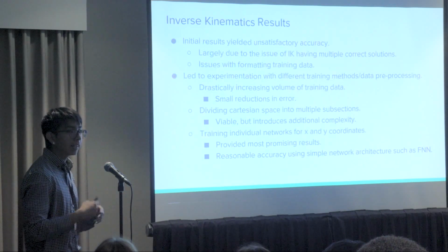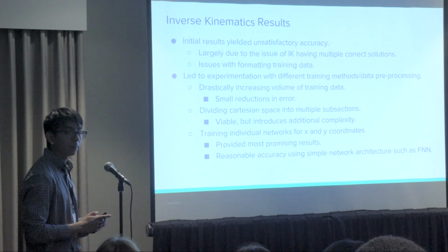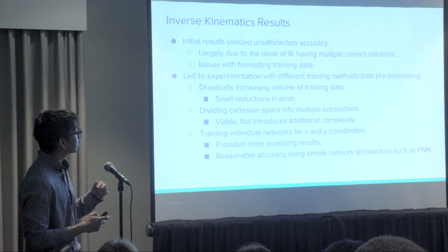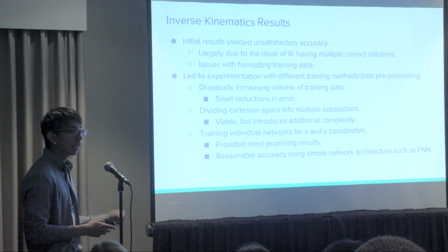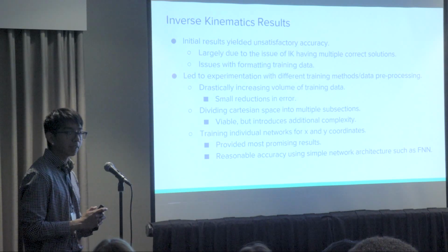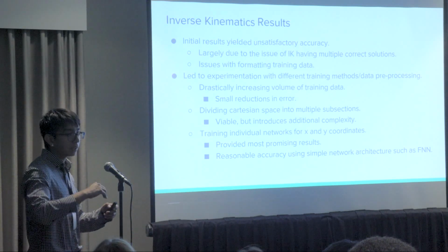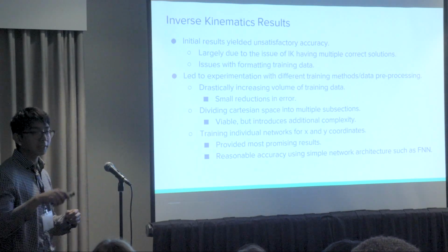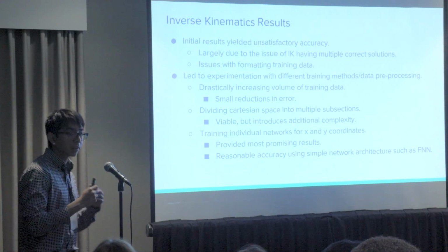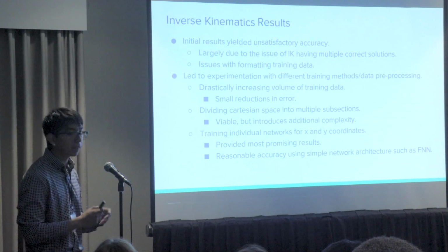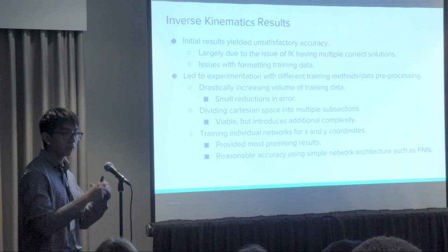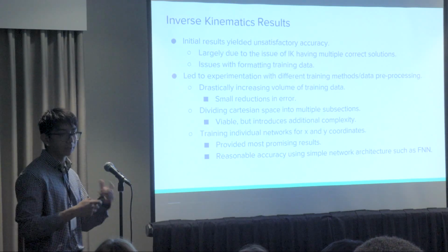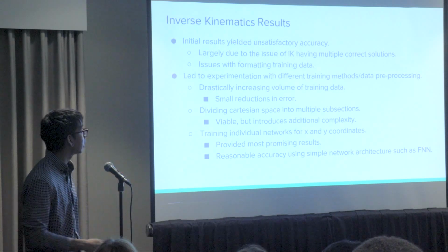Initially we trained a network and put it to the test, and we saw very low accuracy. We concluded this was because with inverse kinematics, you have an arm and a desired position, but there are multiple ways to reach that position. It's a nonlinear function, so the neural network cannot determine which solution is the best one, gets confused, and you get low accuracy.